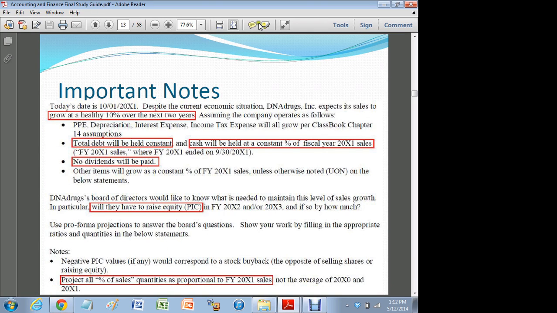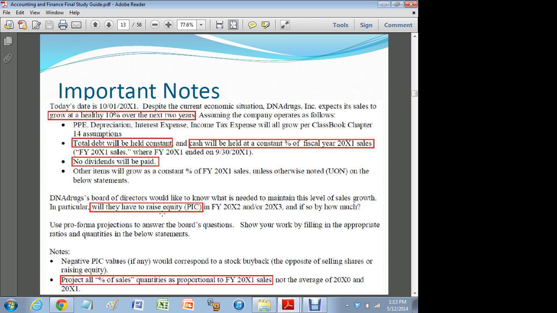So here it says the sales are going to grow at 10%. Total debt will be constant. Cash will be held at a percentage of sales. They specified this one because cash doesn't always follow this rule, but in this case it follows this rule of being a constant proportion of sales. No dividend.